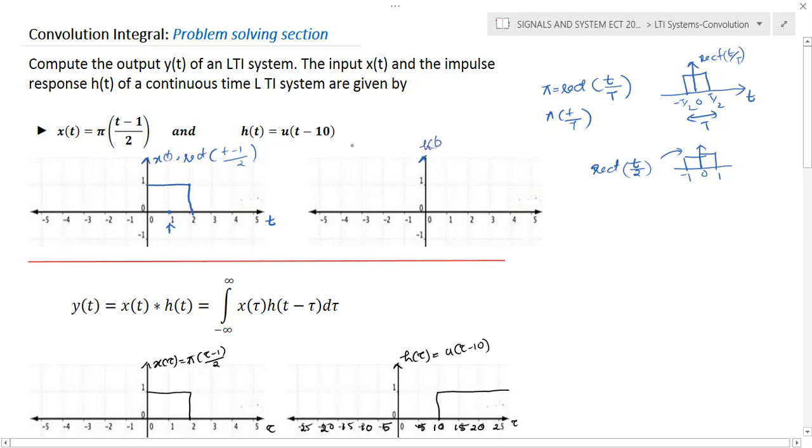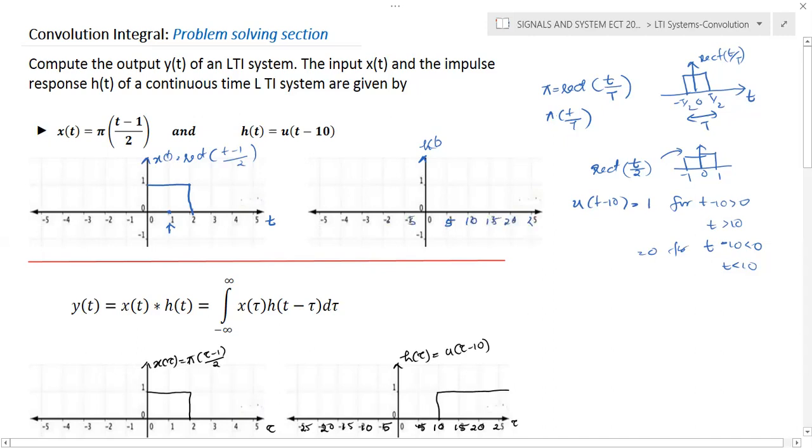H of t is given by u of (t minus 10), and u of (t minus 10) means a step signal, which is equal to 1 for t minus 10 greater than 0, or t greater than 10, and 0 for t minus 10 less than 0, or t less than 10. So if you indicate the values, for example, I'll draw 5, 10, 15, 20, and 25.